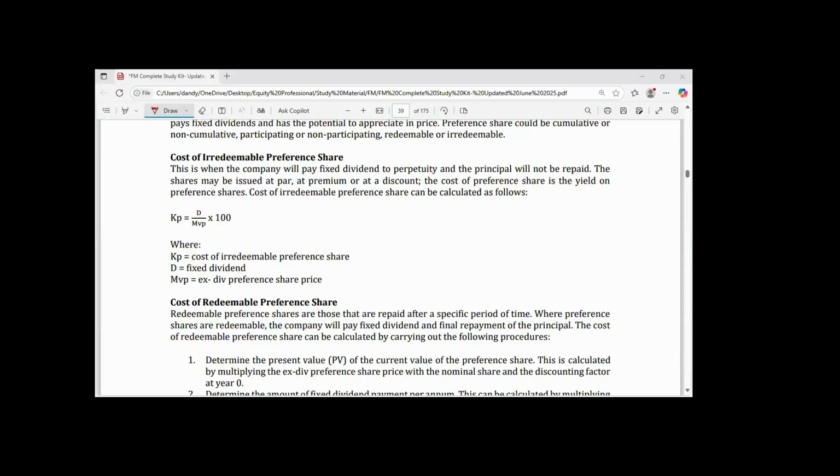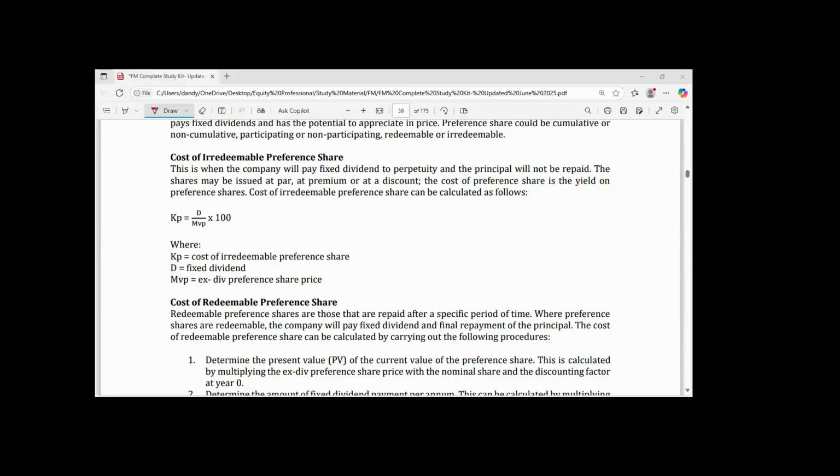The cost of preference share is computed as the ratio of the fixed dividend to the Ex-div share price. Now, the preference share is ranked over the ordinary share.